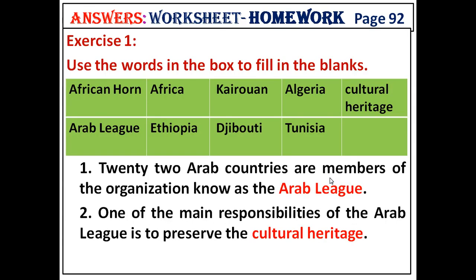As I told you, you have to choose the correct word from the worksheet. Here, 22 Arab countries are members of the organization known as the Arab League. This is the first statement, from the lesson we have seen on the Arab League, where we discussed the Arab countries that were members of the organization known as the Arab League.